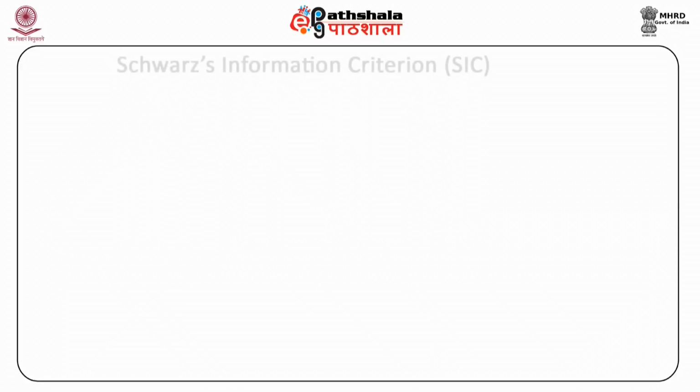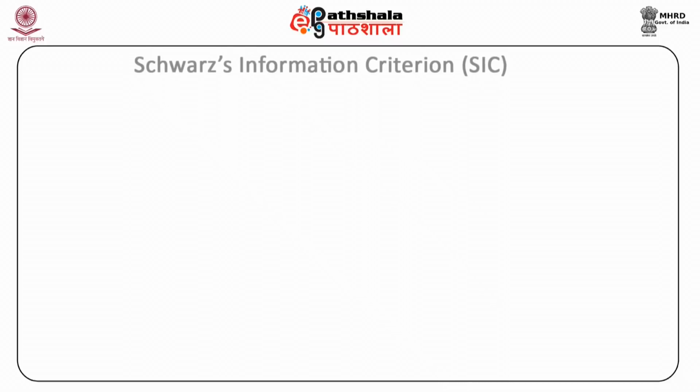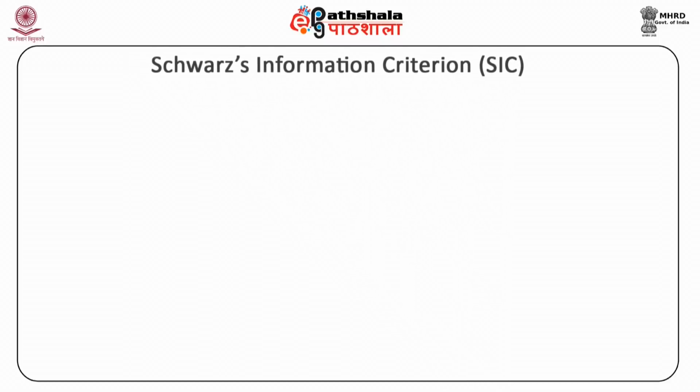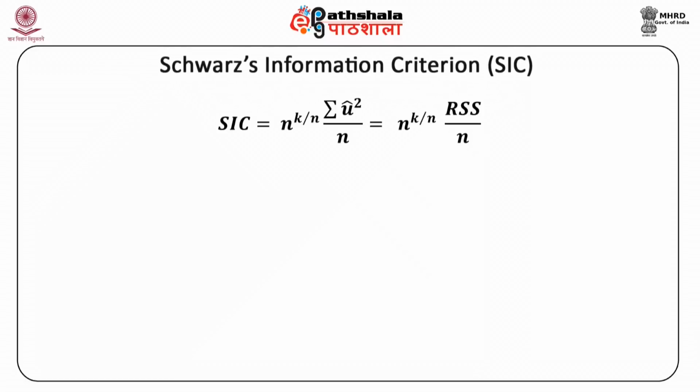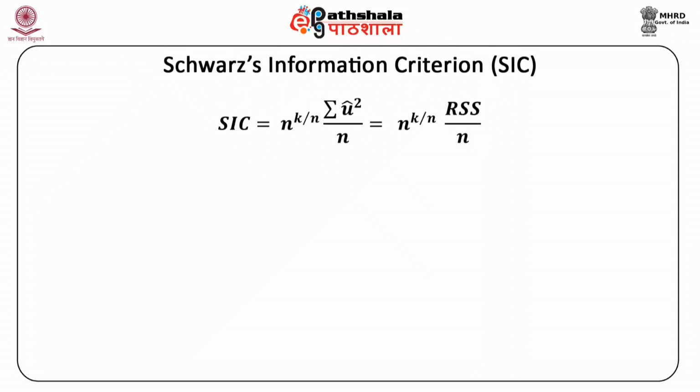SIC, Schwarz Information Criterion. Another criterion similar to the AIC is the SIC criterion. It is defined as SIC is equal to n raised to the power k by n into summation u hat square divided by n, which is the same as n raised to the power k by n into RSS upon n.